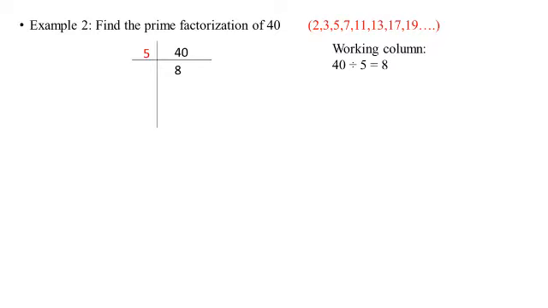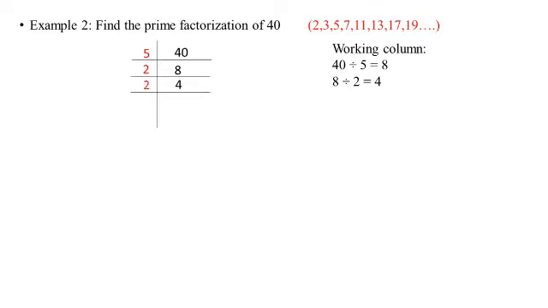Now we have to divide 8 again with the prime number. As 8 is an even number, it is divisible by a prime number 2, which on dividing 8 by 2, we get 4, which we write below 8. Again divide 4 by 2.